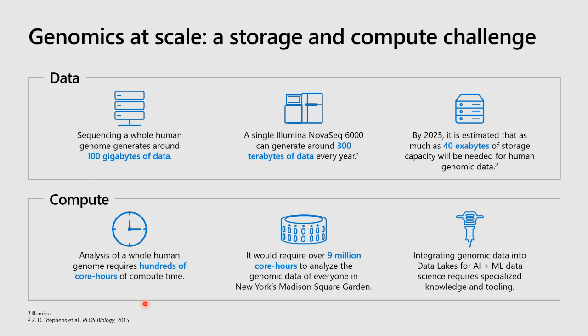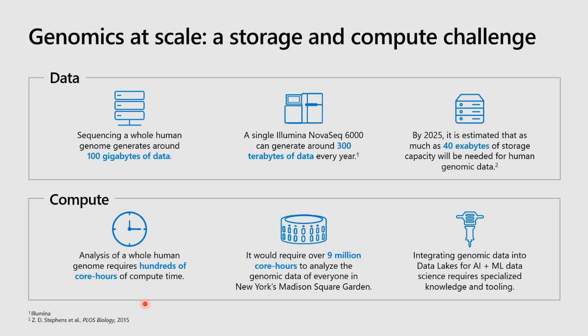In order to be able to do this at any significant volume, to really be able to study populations, we generate enormous amounts of information. So thinking about how we move that data and how we store that data is quintessential.